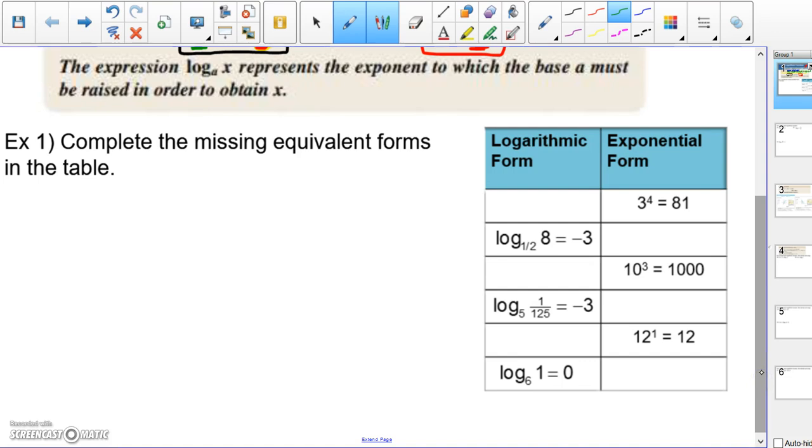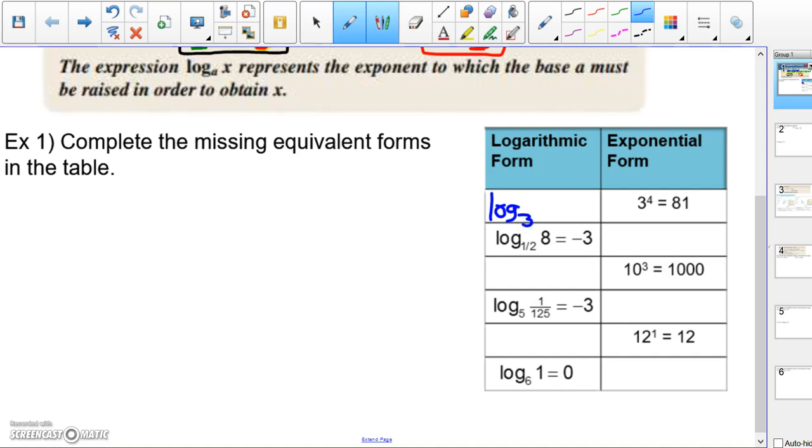We look at example 1. It says complete the missing equivalent form. So we're just going to complete this box here. We're going from exponential 3 to the 4th equals 81 into the logarithmic form. So I always ask myself first, what's the base? In this problem, the base is 3, so I know it's going to be log base 3. That 3 is a subscript.